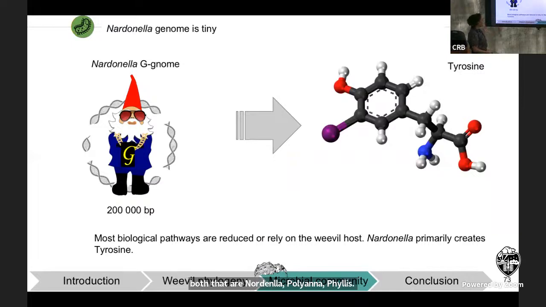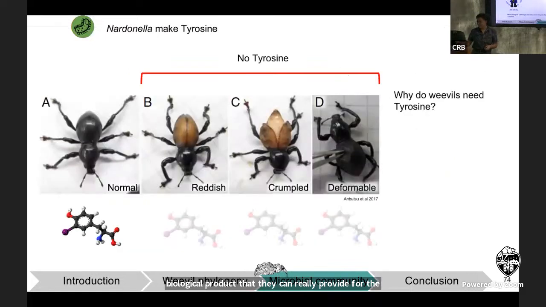Okay, so Nardinella. Things we know about Nardinella is that they have a super reduced genome, and the function of Nardinella, the endosymbiotic strain, well, there's only endosymbiotic strains, is really reduced such that the only biological product that they can really provide for the weevil is tyrosine. And tyrosine is important to weevils.